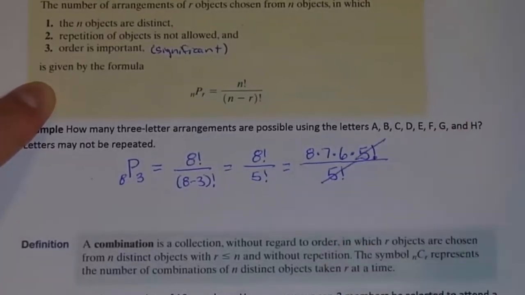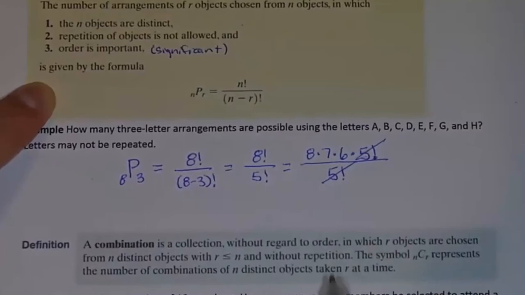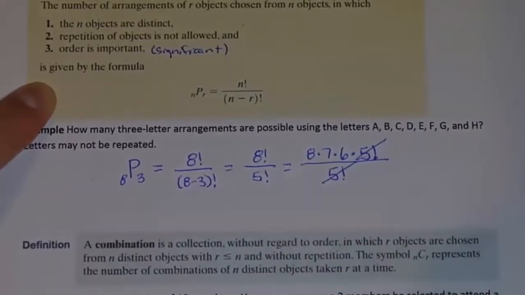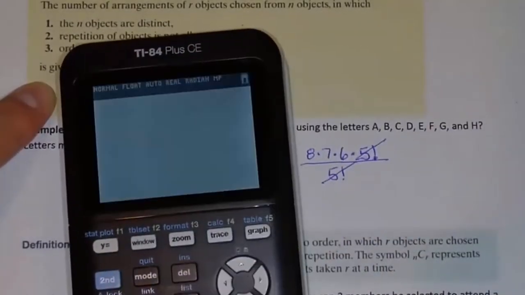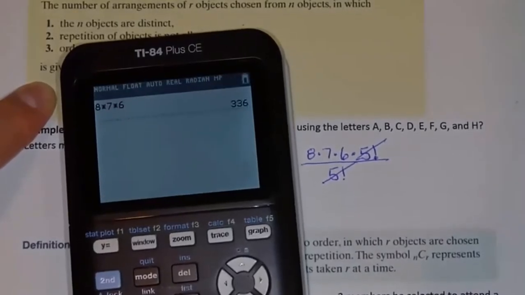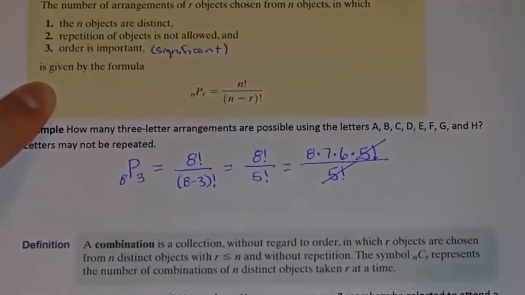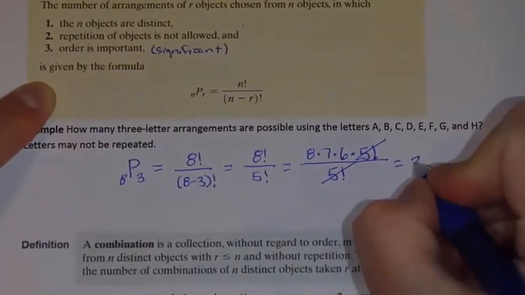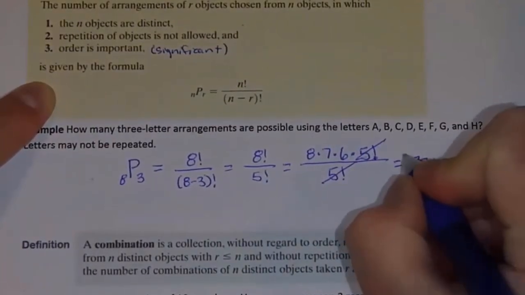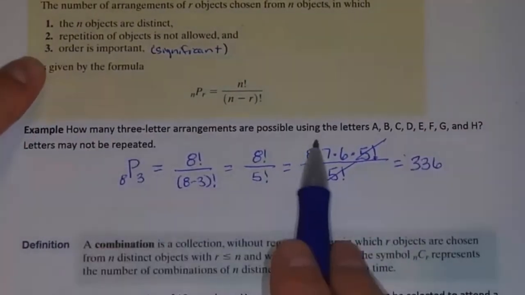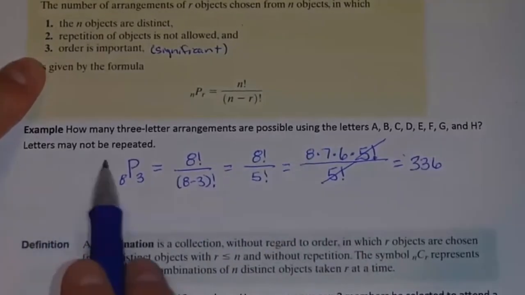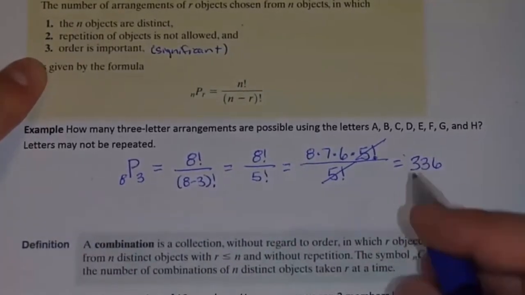So I'm not going to write them all out. So I'm left with 8 times 7 times 6. And 8 times 7 times 6 is 336. So there would be 336 different arrangements of 3 letters if letters cannot be repeated.